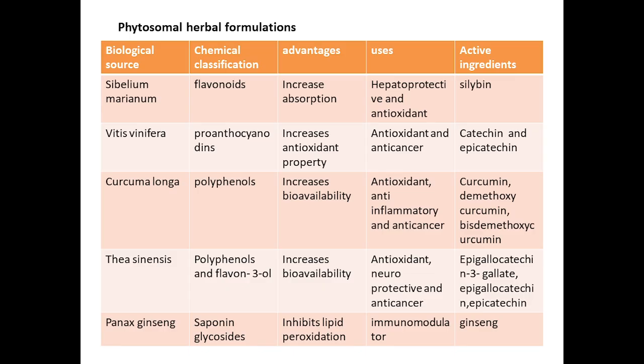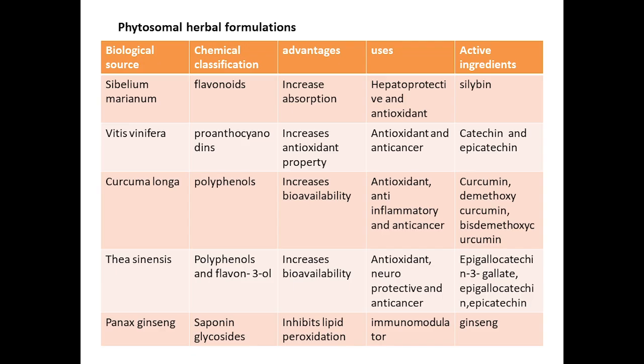Next one is Thea sinensis, which comes under the class polyphenol or flavanols, which also shows an increase in bioavailability, and the use is as an antioxidant, neuroprotective and anti-cancer agent. Active ingredients are epigallocatechin 3-gallate, epigallocatechin and epicatechin.